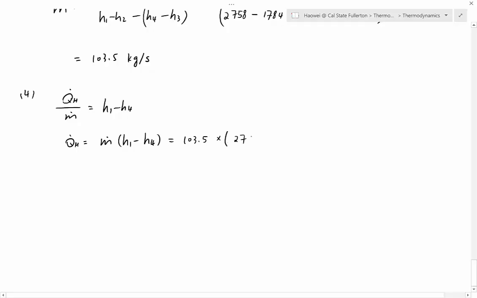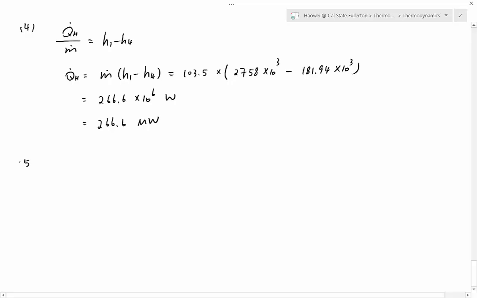H1, 2758 times 10 to the third to convert kilojoules to joules. Minus 181.94, do it again, convert kilojoules to joules. So our solution for Q dot H is 266.6 times 10 to the 6. And the unit to our solution must be SI, which is watts. And then 10 to the 6, that is mega. So our solution is 266.6 megawatts. That is heat gain in a boiler, Q dot H.